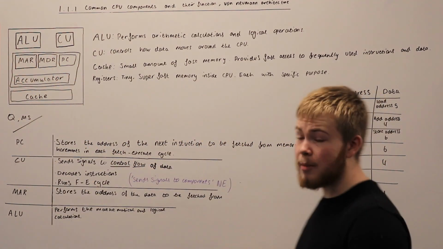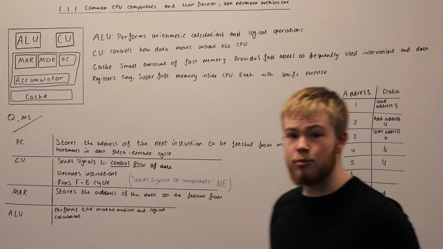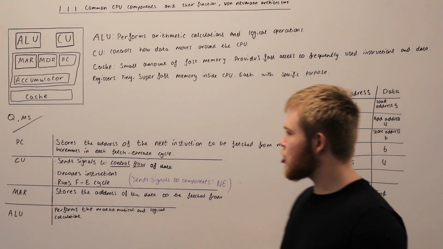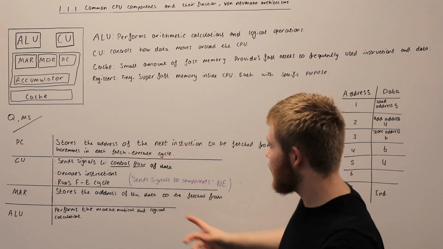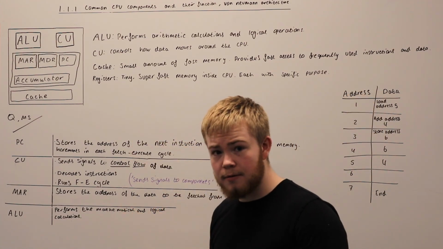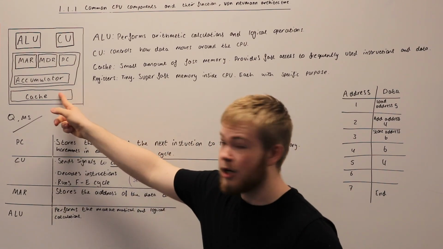The cache is a small amount of fast memory which provides fast access to frequently used instructions and data. So in the FE cycle, the fetch execute cycle, instructions and data from main memory are copied into the cache.